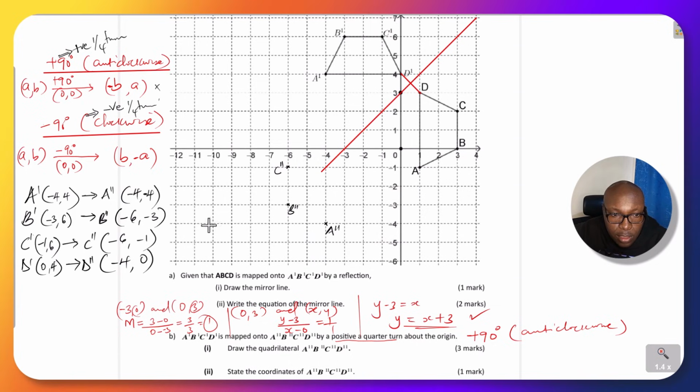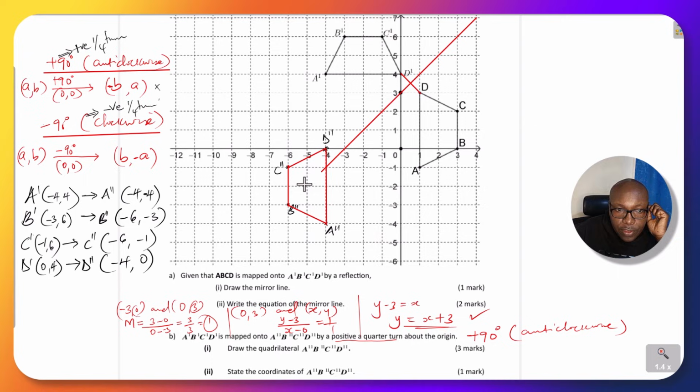So that is where C double prime is. And then D double prime will be negative 4, 0. So there we have the points. So I can join them now: A to B, and then B to C, and then to D, like that, and there it is.